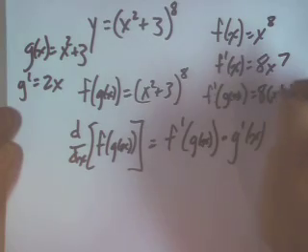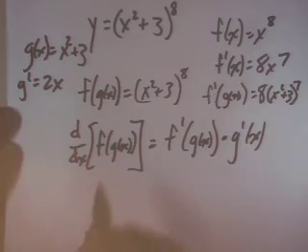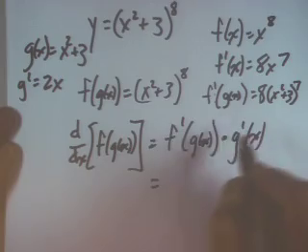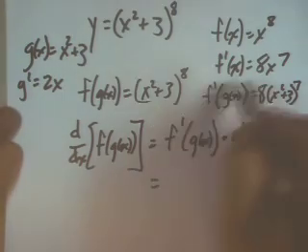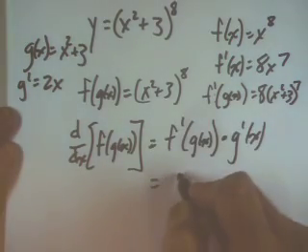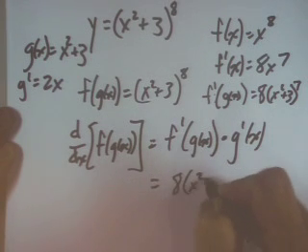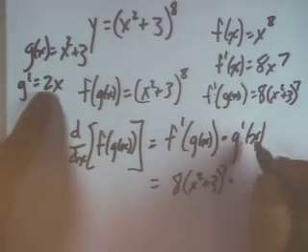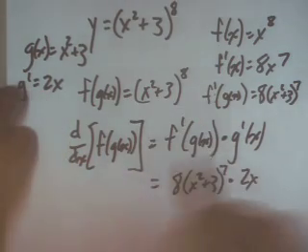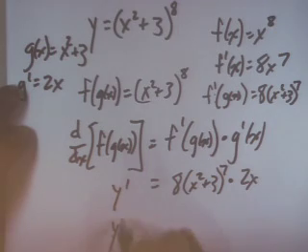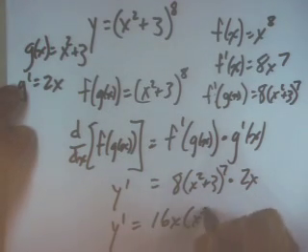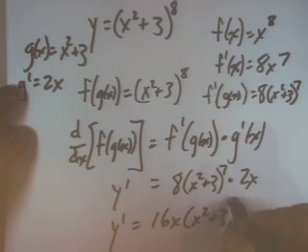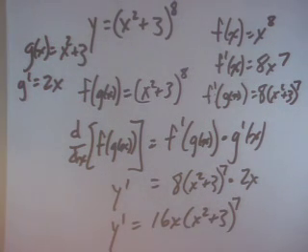So it's 8 times (x squared plus 3) to the 7th, and we multiply it by g prime, which was just 2x. Simplifying, 2x times 8 is 16x times (x squared plus 3) to the 7. And that's an application of the chain rule.